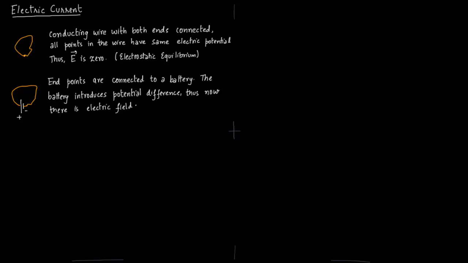And because of this electric field, the charged particles would start moving. So the current goes from the positive side of the battery to the negative side. So charged particles start moving once you apply the electric field.